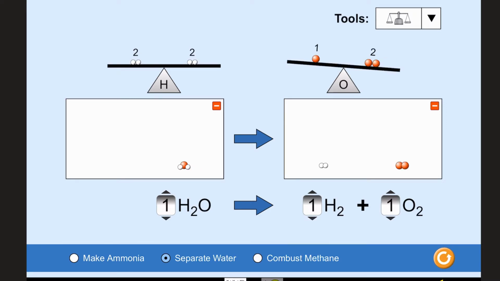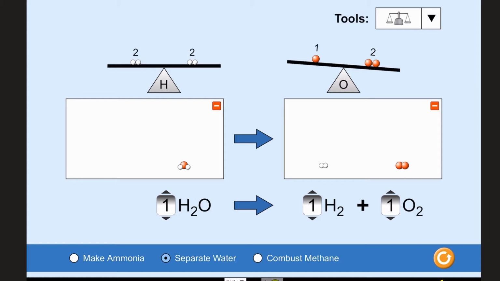So if we start with one of each, we see that the hydrogen atoms are balanced, but the oxygen atoms aren't balanced. So we're going to need to start by adjusting the amount of oxygen. Well, the only way to add more oxygen on the left side is to put a coefficient of 2 in front of the water.